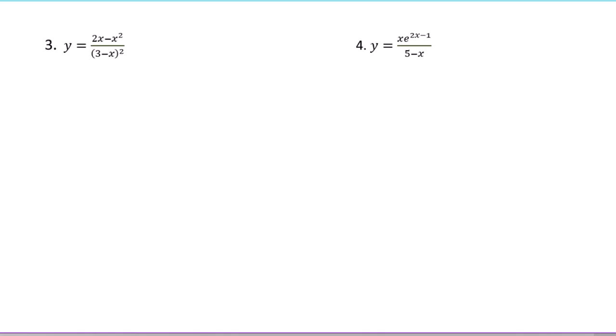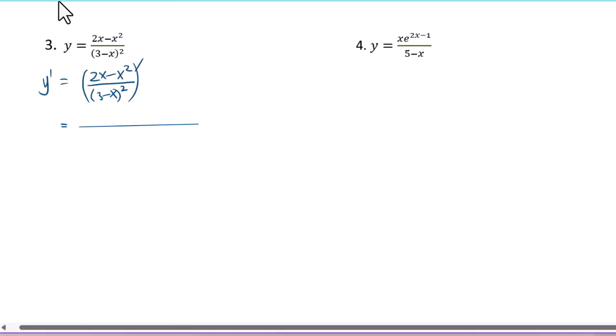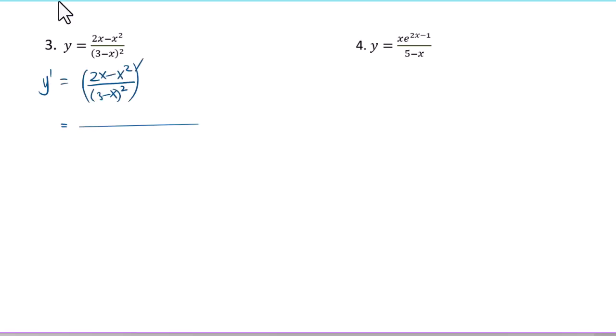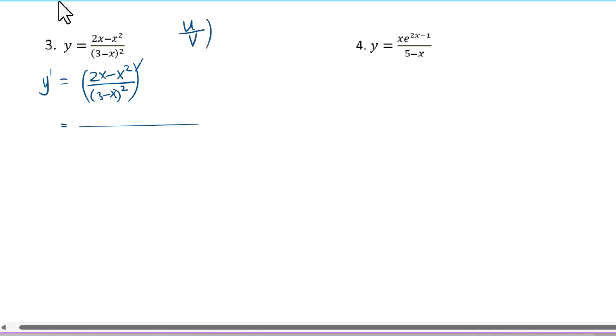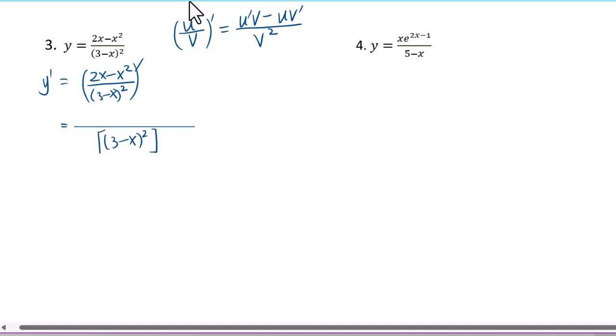For question 3, we will use the quotient rule. Here is the formula for quotient rule: v squared in the denominator, u prime v minus u v prime. So we get 3 minus x squared, then squared.